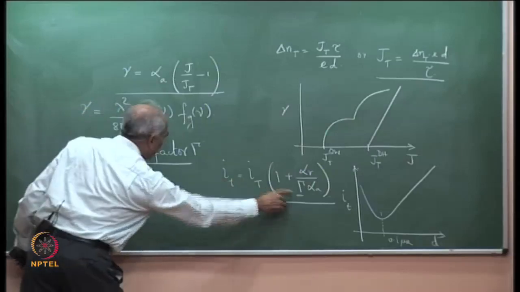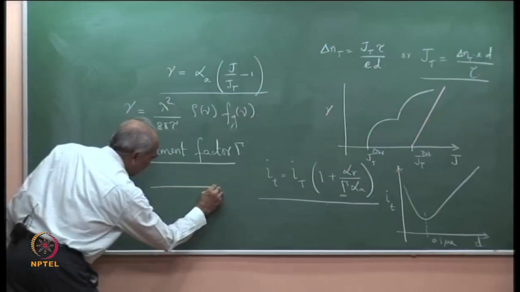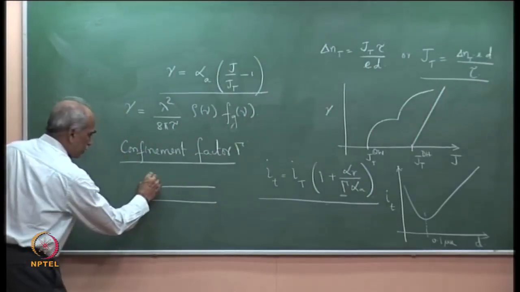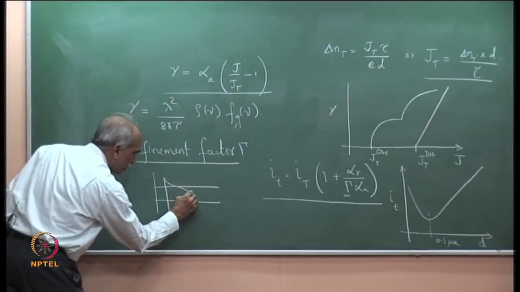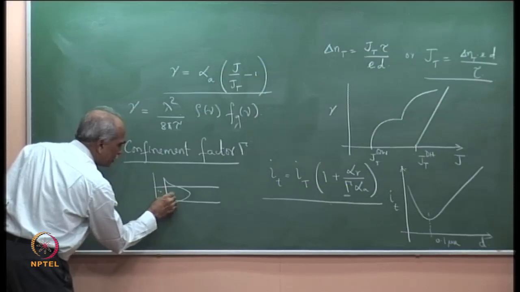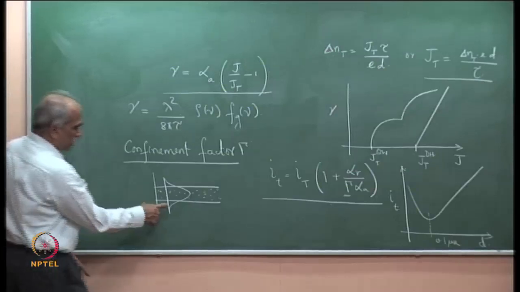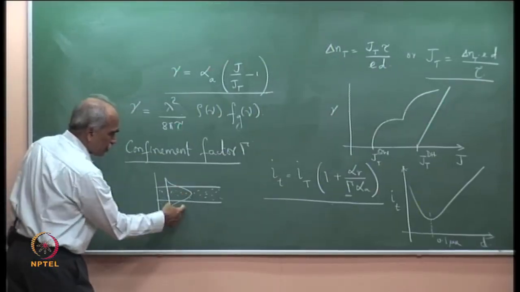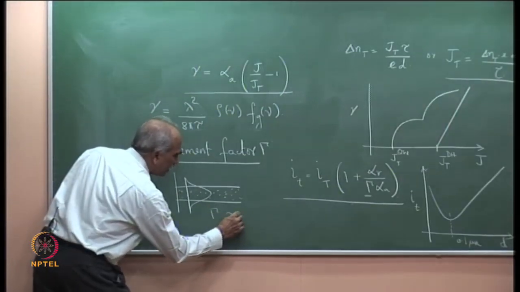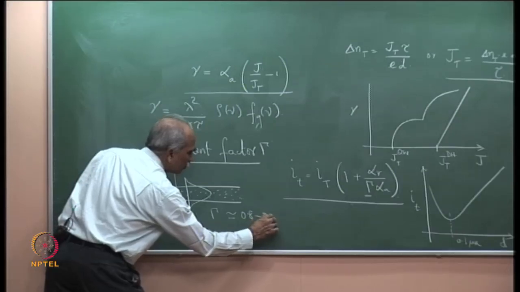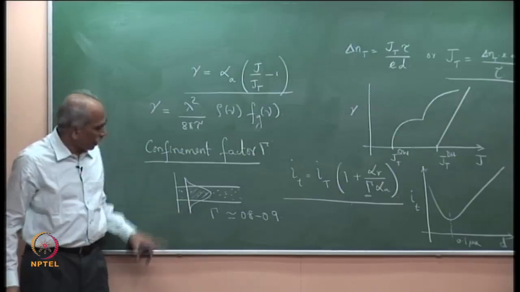We have discussed this in detail, that the confinement factor decreases, which means in the double heterostructure here, the optical mode is like this. This is the active region. The optical mode varies like this, which means gamma is the fractional energy in the core, and typically gamma is 0.8 to 0.9, the fractional energy inside the core, that is the confinement factor gamma.